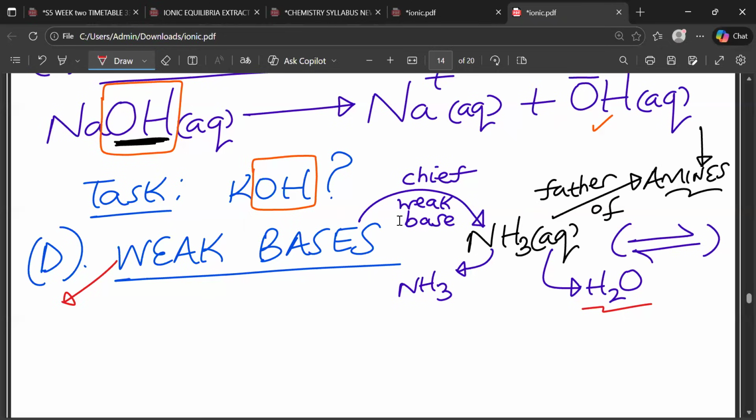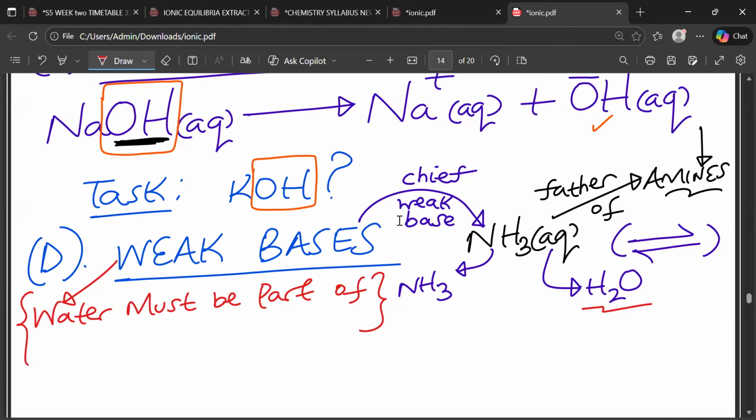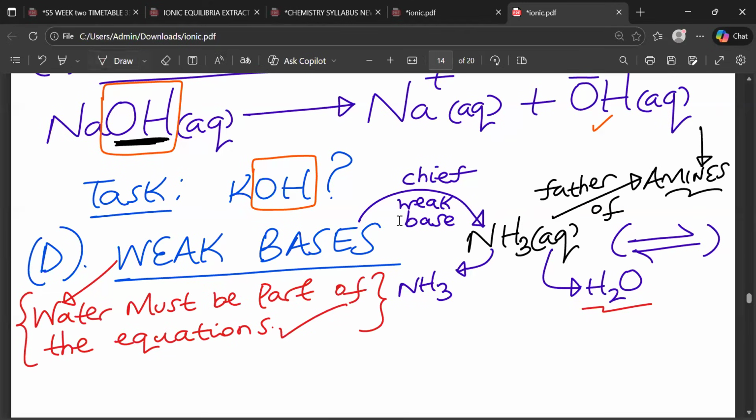With these ones, water must be part of the equation. You remember other weak bases are amines. Amines don't have O anywhere, so it is the same story. Water must be part of the equations.